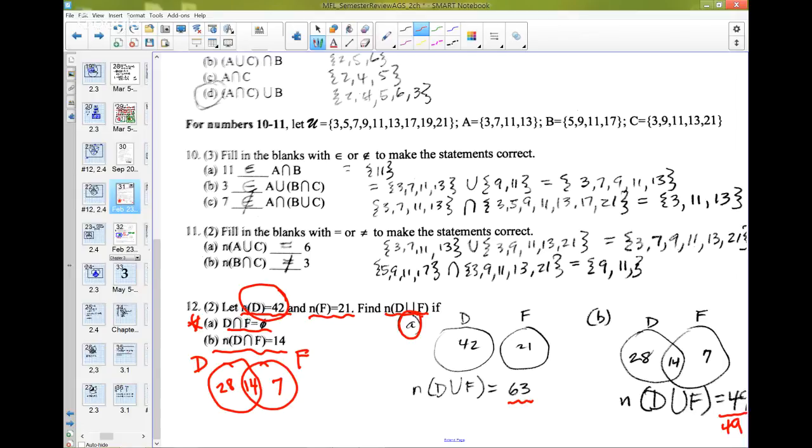So now that you know your numbers in the right place, now what's the number of elements in D union F? And now you add up those three numbers, 28 plus 14 plus 7, and that's 49.